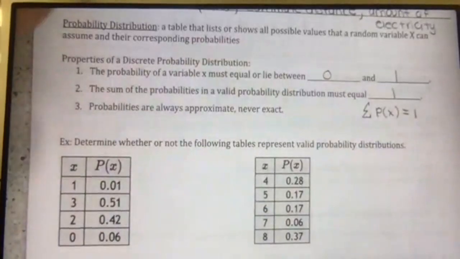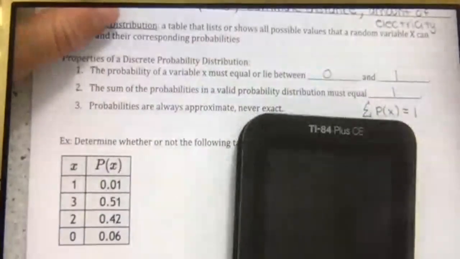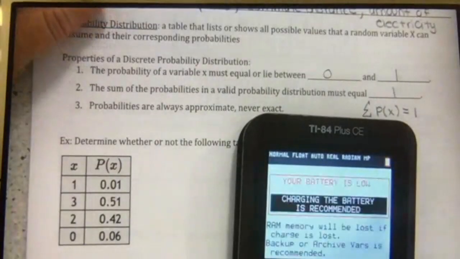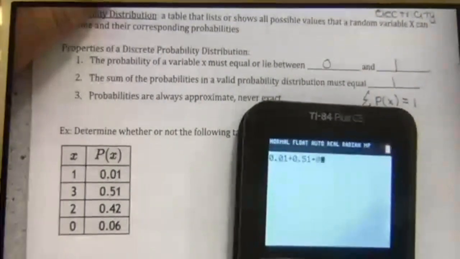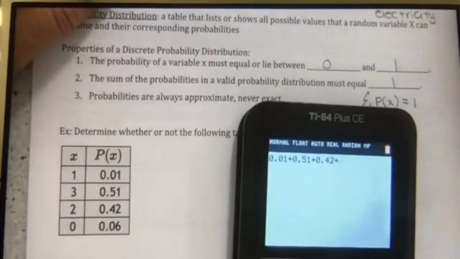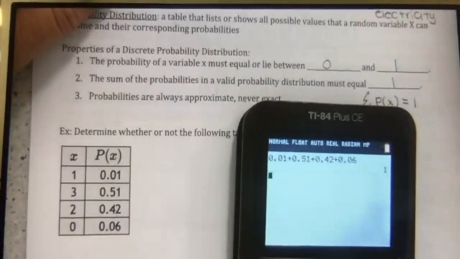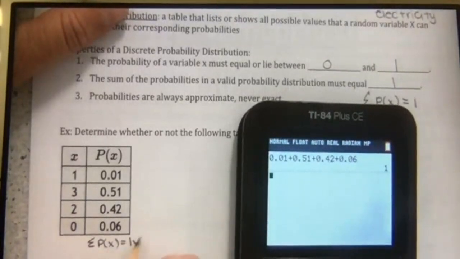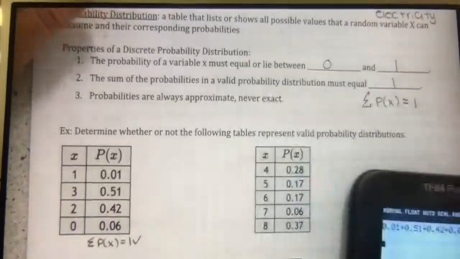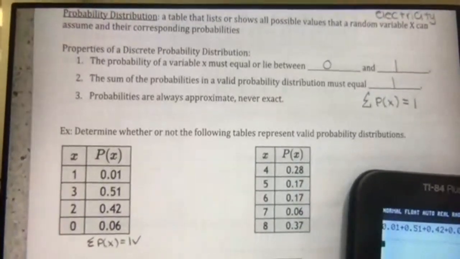And whenever we add them up, 0.01 plus 0.51 plus 0.42 plus 0.06, our sum is 1. So the sum of the probabilities does equal 1. So it satisfies those conditions.